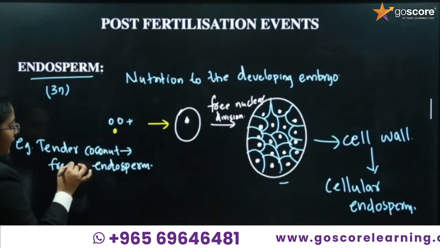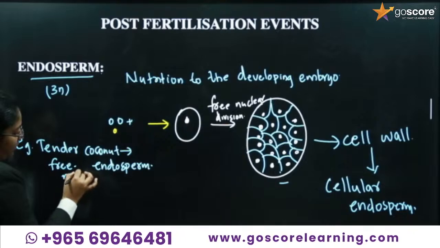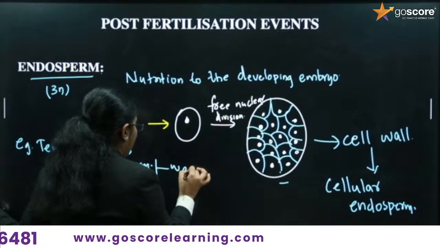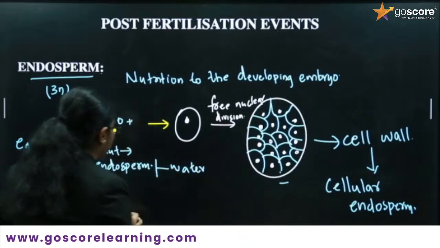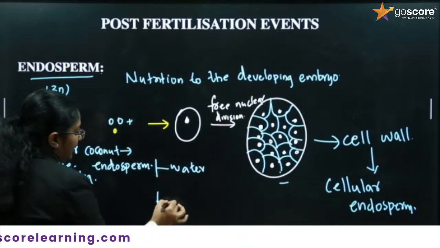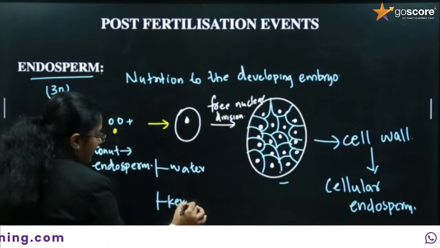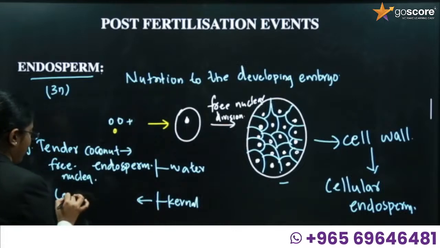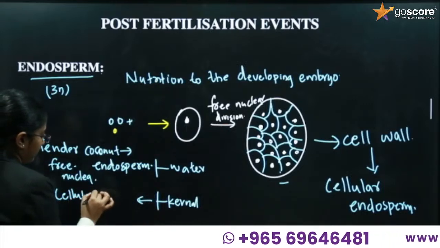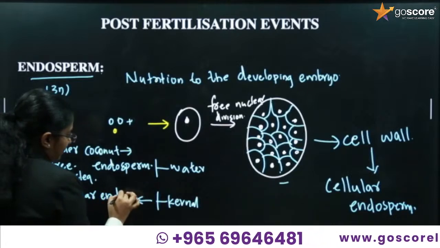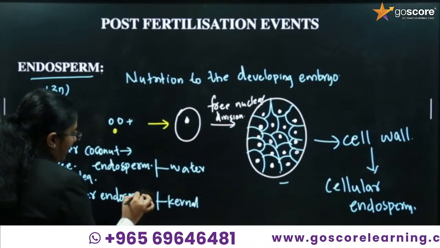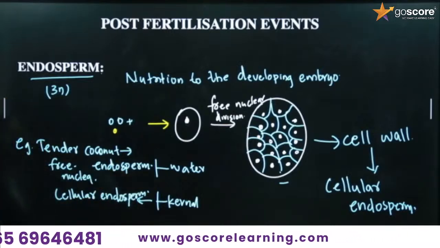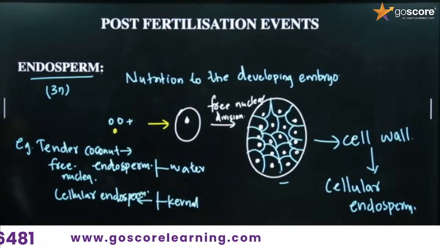The water is the free nuclear stage. If you look into the coconut structure, you can find the white kernel. That kernel is actually the cellular endosperm, where the water is free nuclear endosperm.